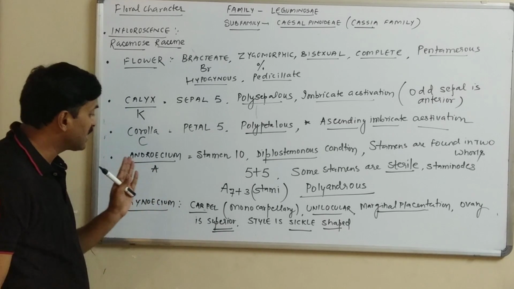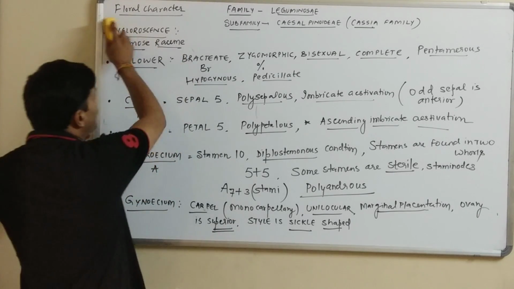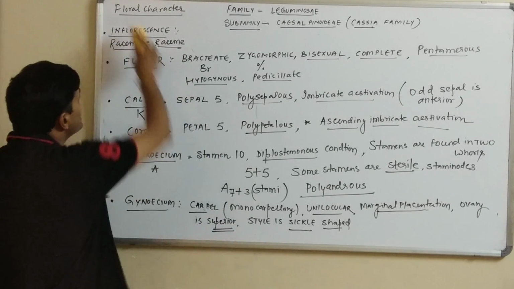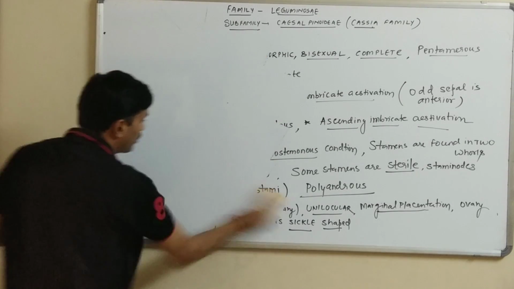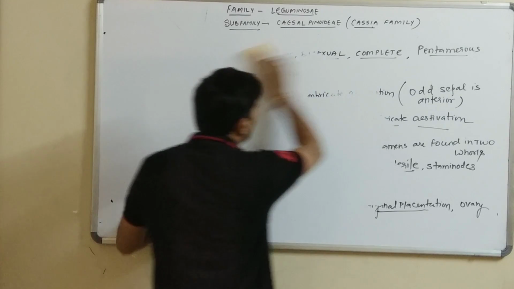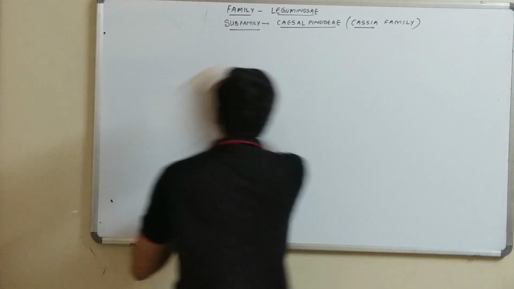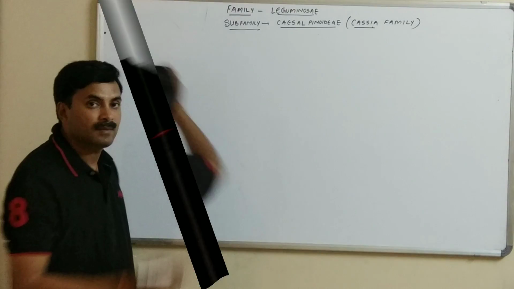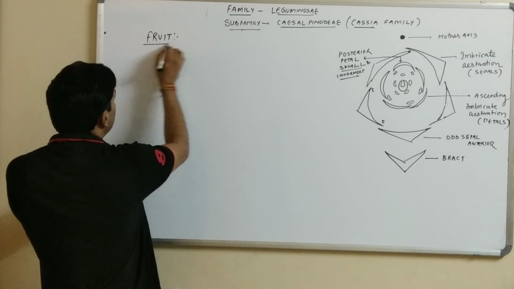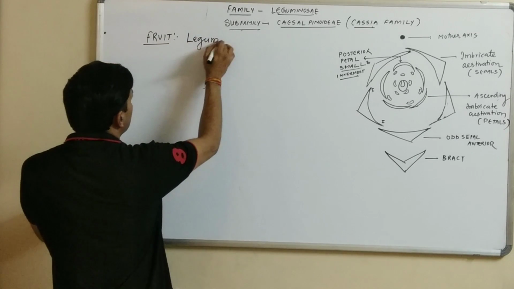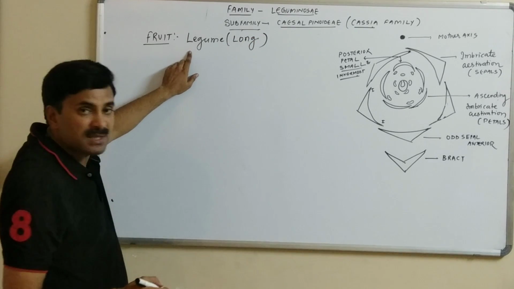Now after discussing the gynoecium, you must know about the fruit, that what type of fruit is found in this family. So we have discussed in the important characters that the fruit is long, known as the legume. The fruit type is the legume, but here the legume is very long.